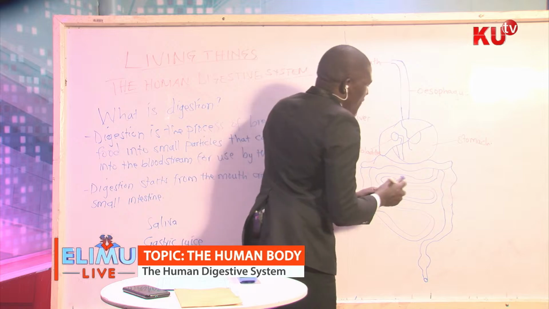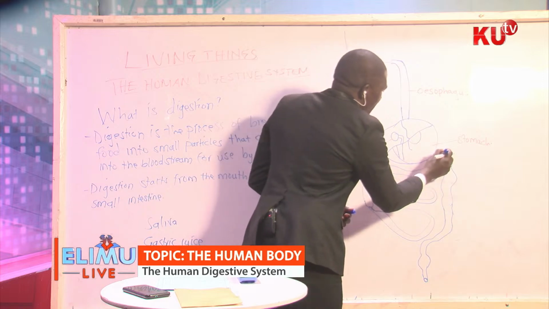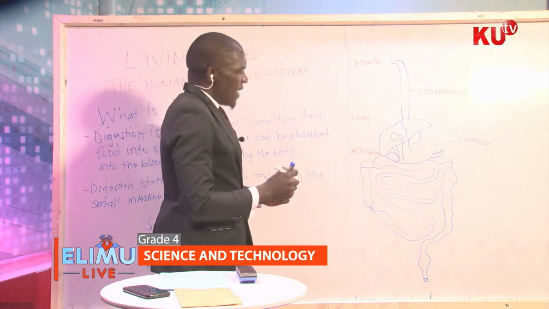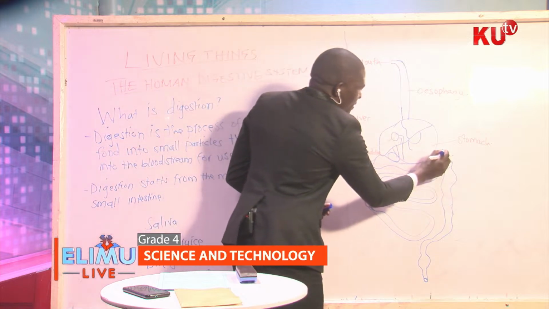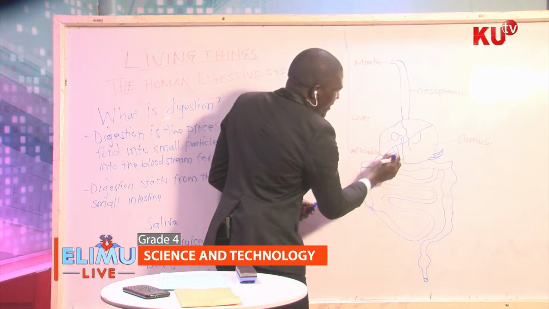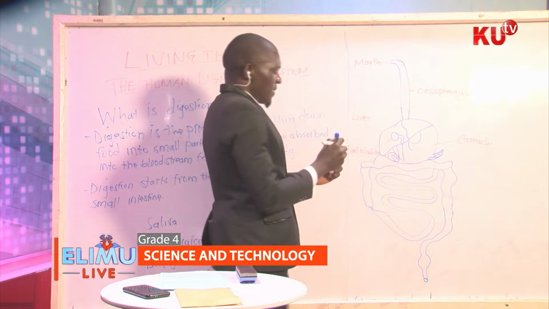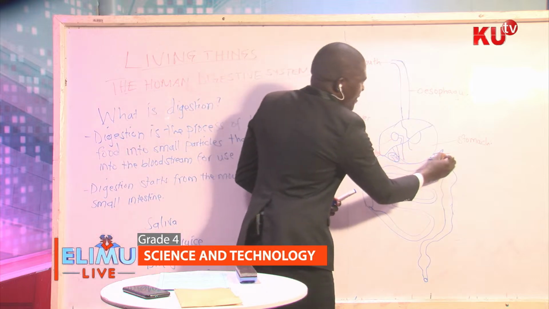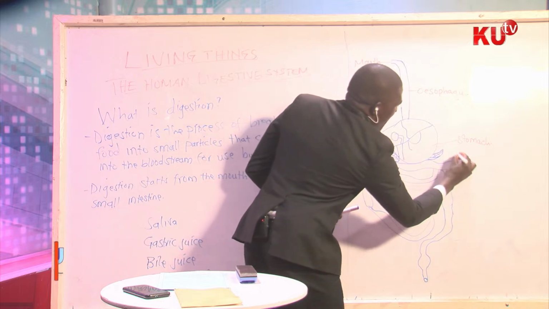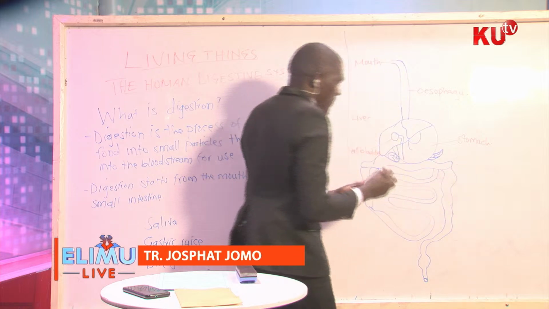Then we also have a leaf-like organ. This leaf-like organ extends up to this end, and it is called the pancreas.